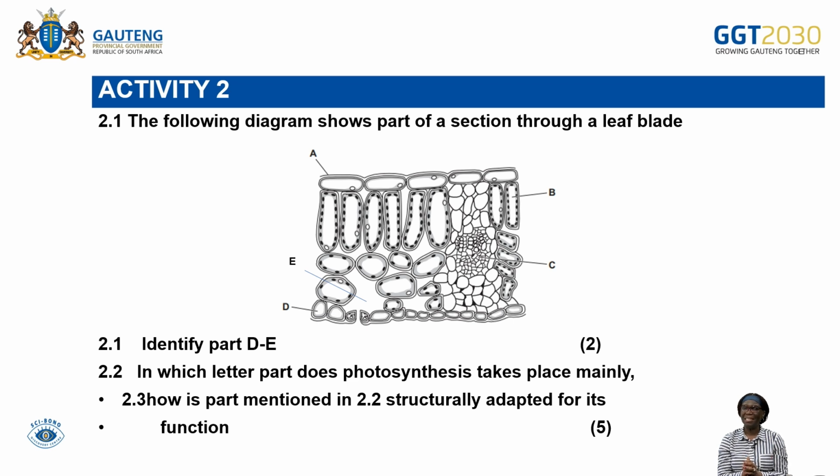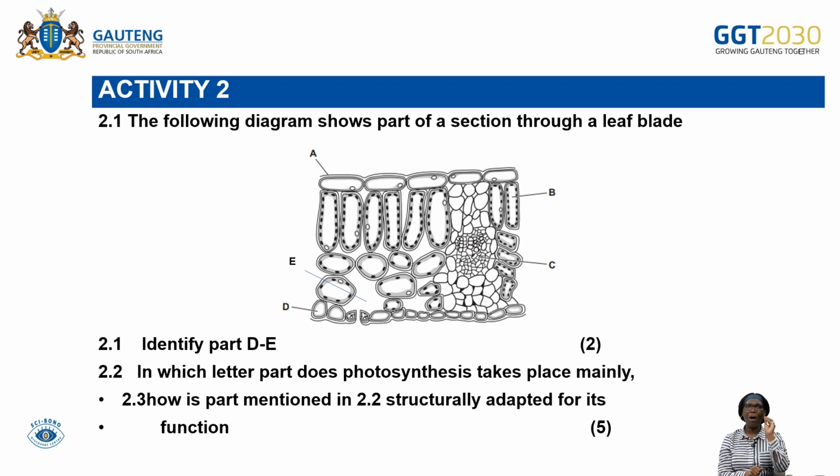What is the answer for 2.2? Okay. We said palisade mesophyll. Very good, learners. We said it is the palisade mesophyll.